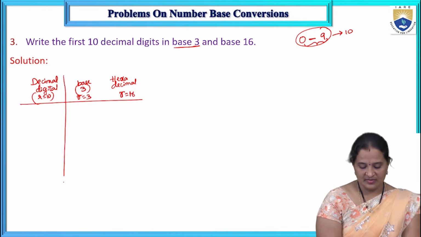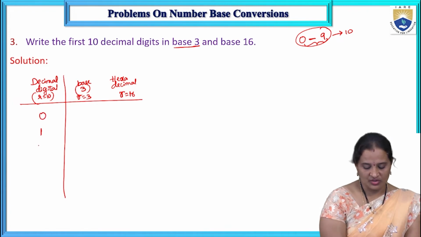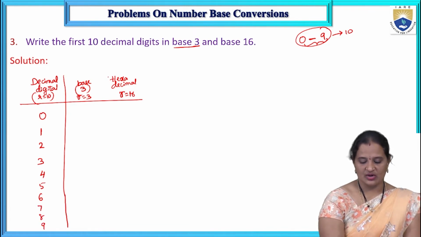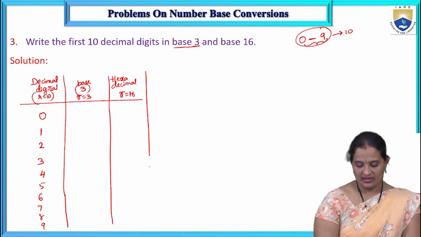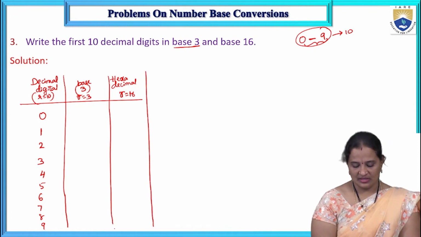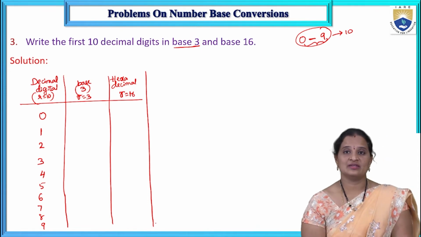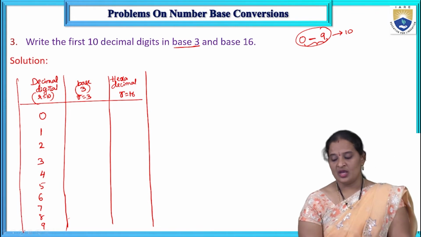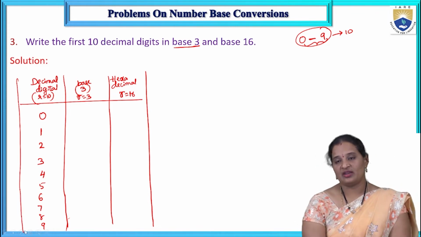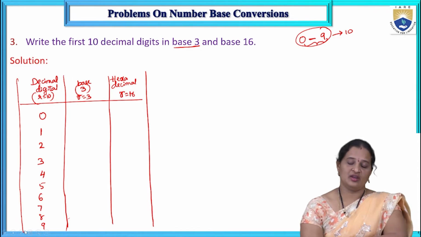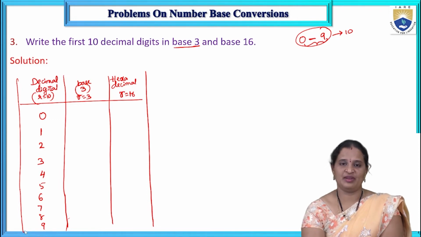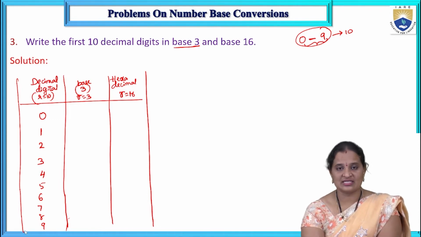So how many decimal digits were we asked to consider? 0, 1, 2, 3, 4, 5, 6, 7, 8, 9. So these are the decimal digits. Now I want to write the equivalent hexadecimal as well as base 3 numbers. Okay. So here one thing we need to remember: any decimal number can be converted into any base by simply performing successive division.